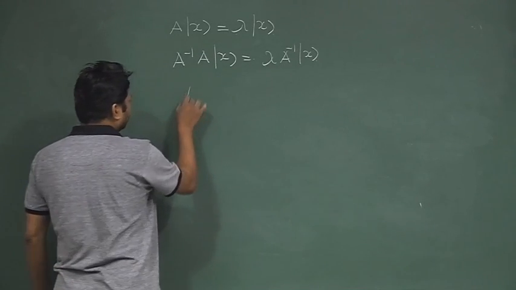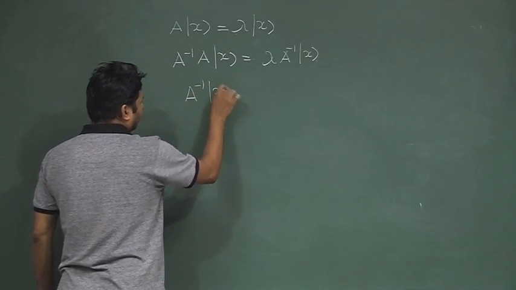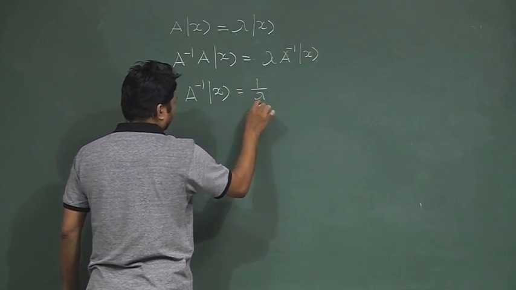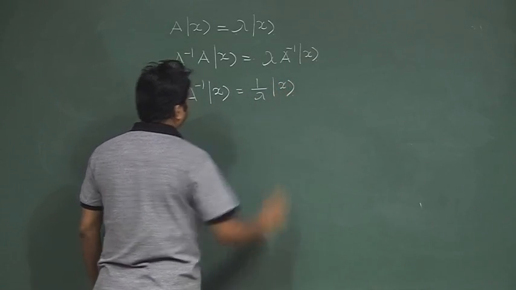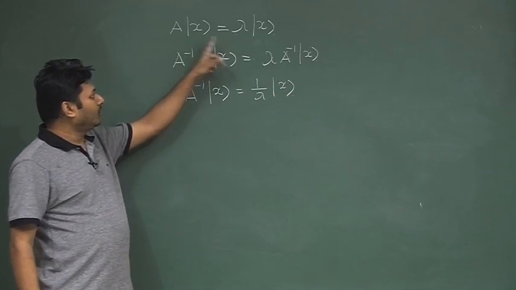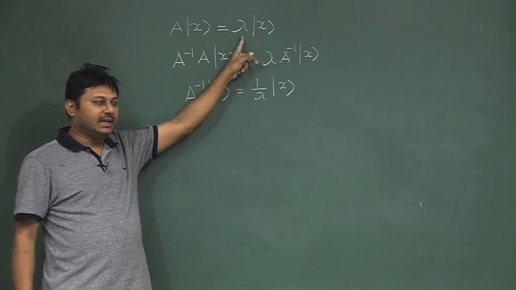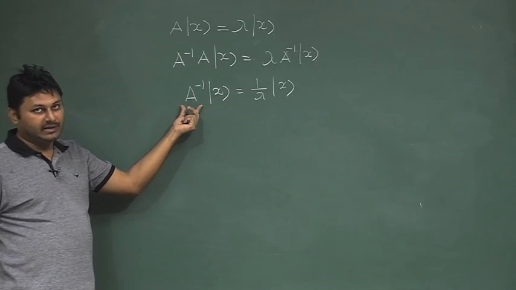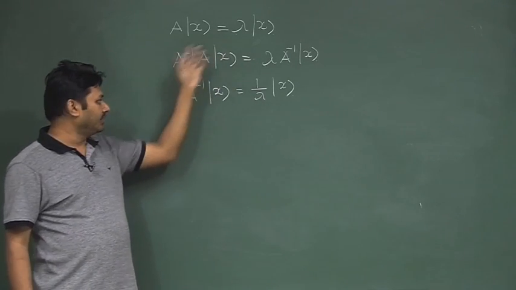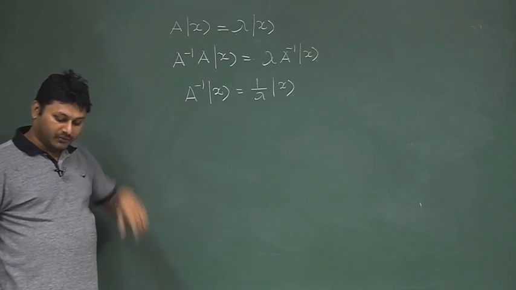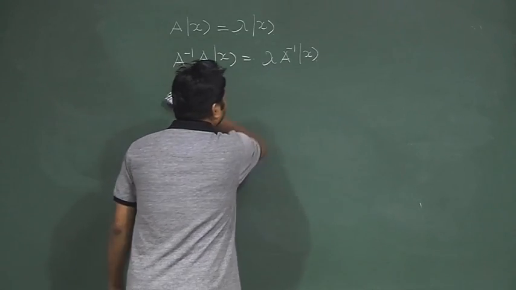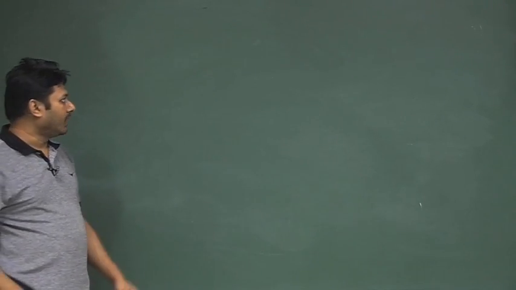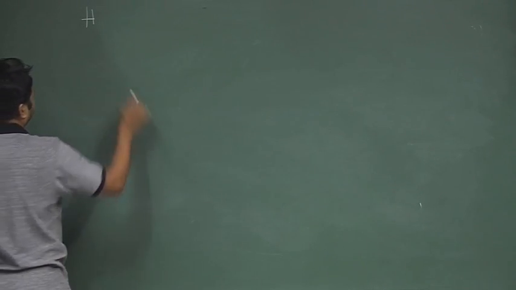So I can write this equation in a slightly different way, like this. So if I know the eigenvalue of the A matrix, I can also know the eigenvalue of A inverse, which is just 1 by lambda. With this simple calculation you can find it out. These are the two points I wanted to mention in the last class, but anyway, you should remember these things.